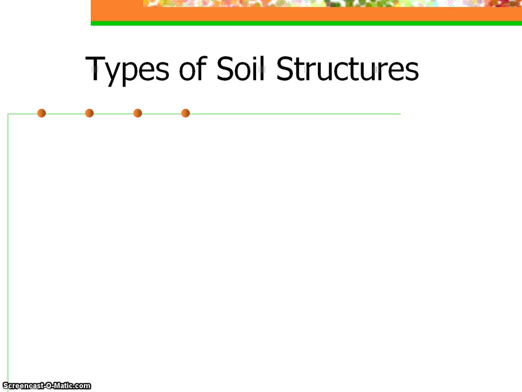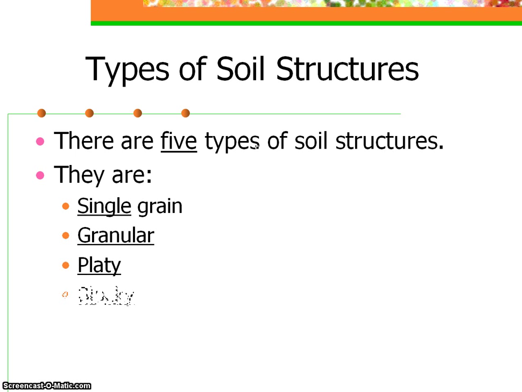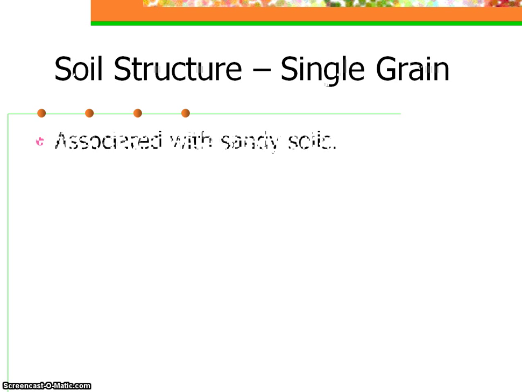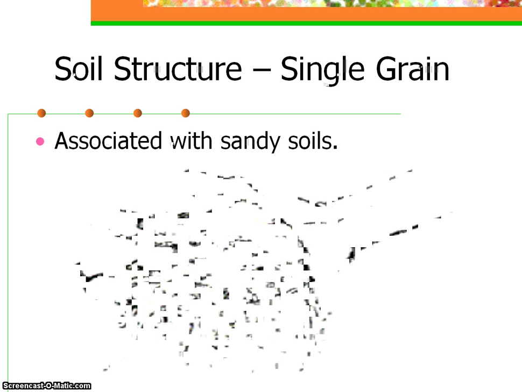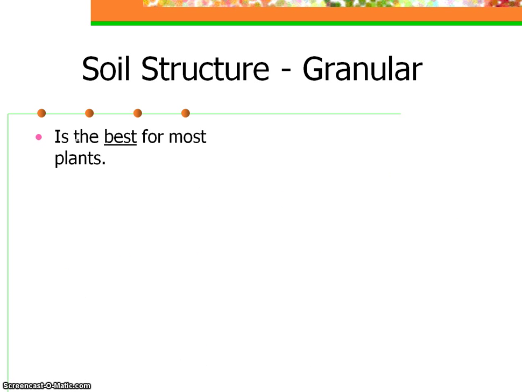So let's look at these different structures. There are 5 major types: single grain, granular, platy, blocky, and prismatic. Your single grain is like sandy soils, your beaches, your deserts. Your granular is going to be the best type of soil structure for plant growth.